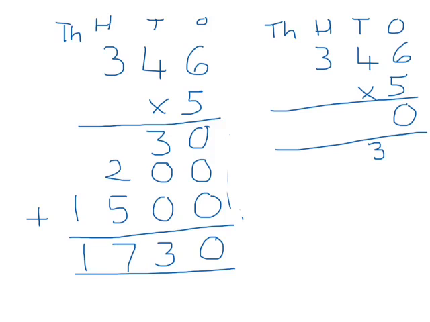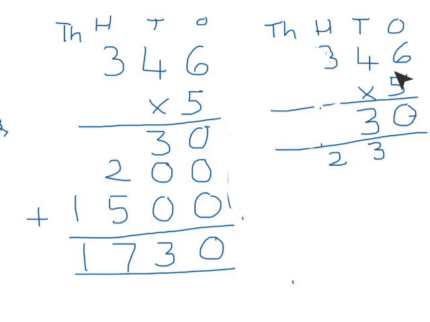And here's the trick again to the short way. I then write my 23 here. That's my 23 tens, which really is the same as 230, but I'm not finished multiplying the hundreds yet, because there's 300 up here to multiply.